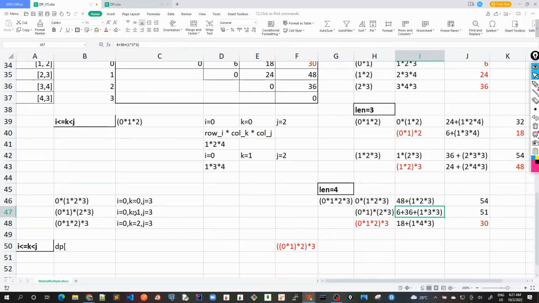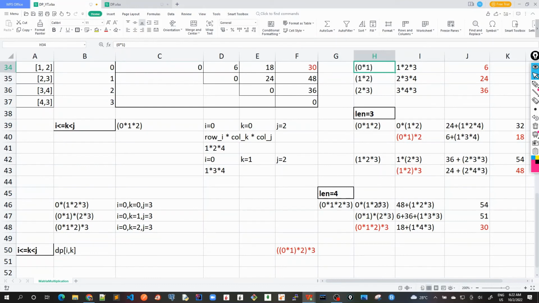So here we see that 0 and 1 we took. I is 0 and k is equal to 1, so it should be I, k, right? dp of ik represents the minimum value for 0 and 1, which we have already formalized. I am representing it as dp of ik, and plus the 36 that we got. 36 is when we have k equal to 2 until j, right?